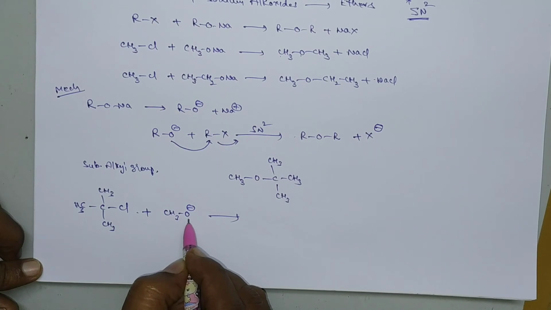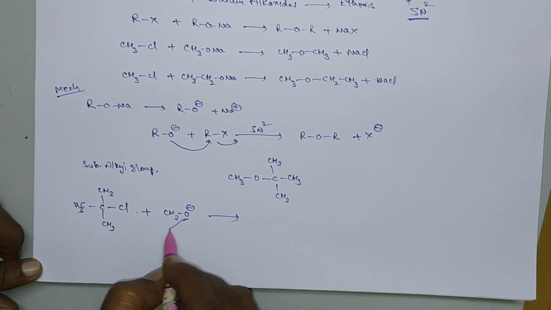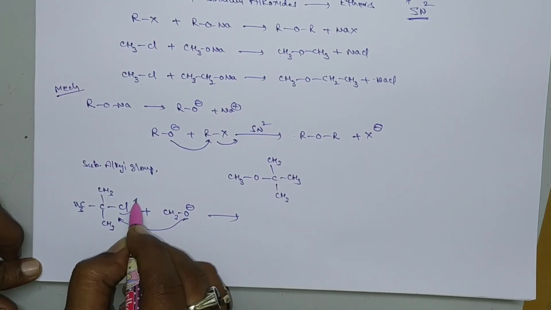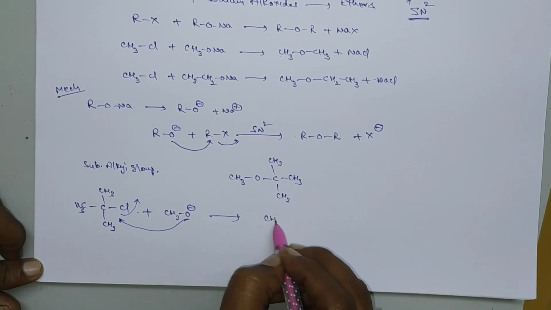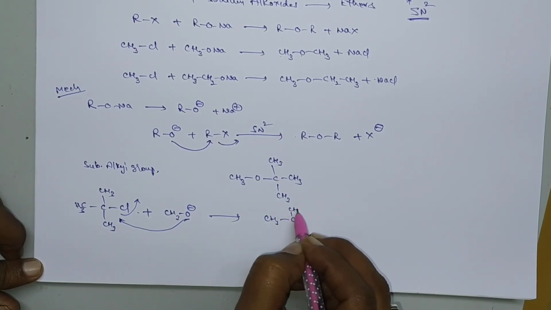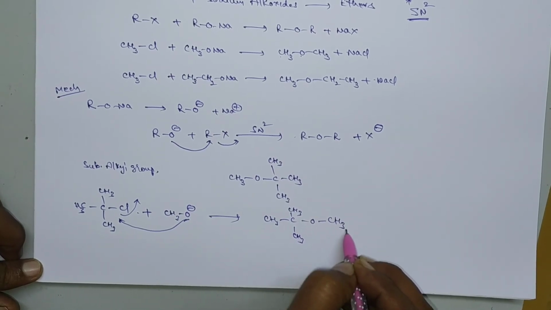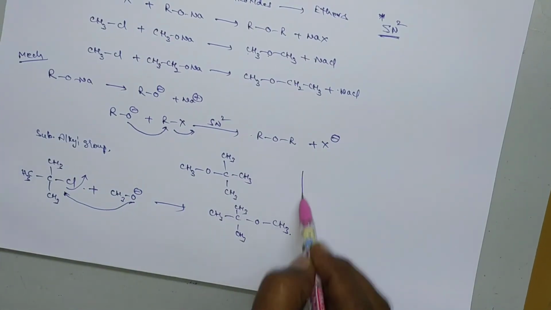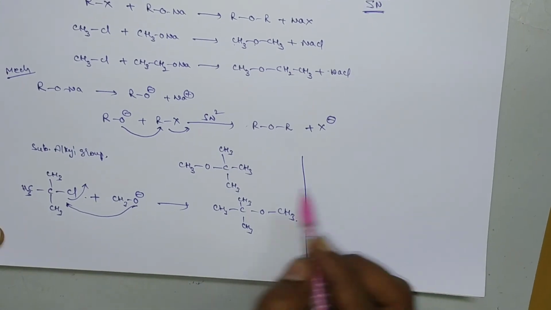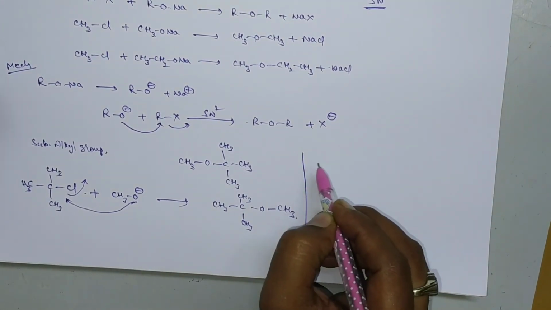Whenever CH3O minus approaches this tertiary alkyl carbon, Cl minus leaves, and it forms the ether. This is one way.